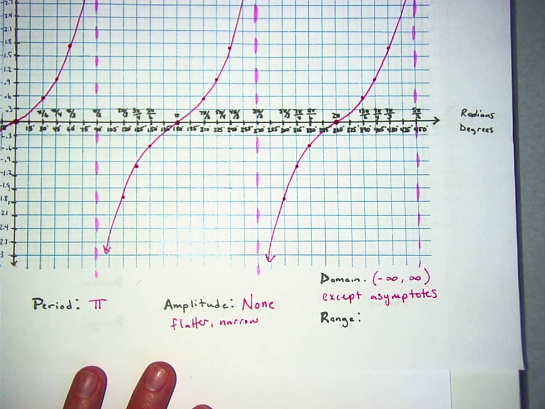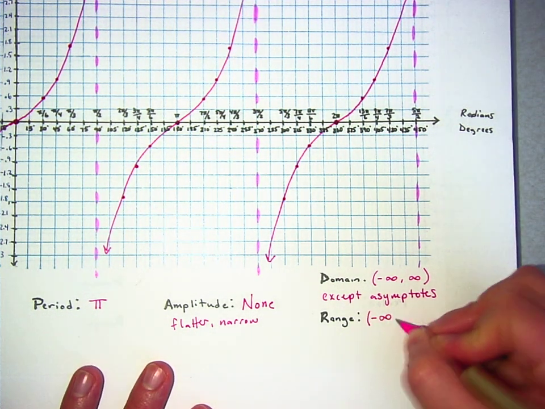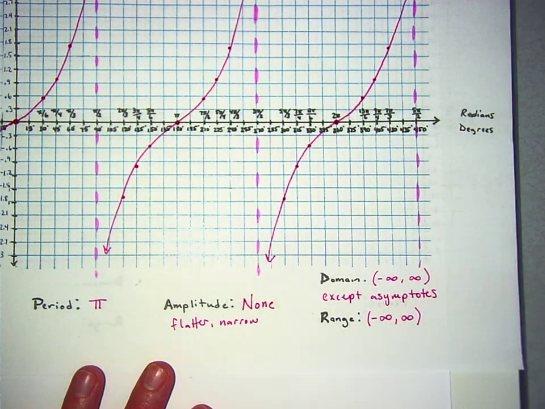All right. Range. How high and how low does this go? Negative infinity to infinity. Are there any exceptions for the range? You don't think so?